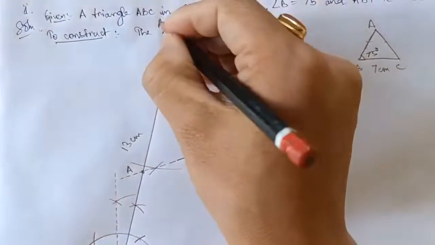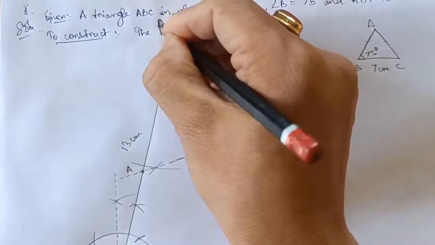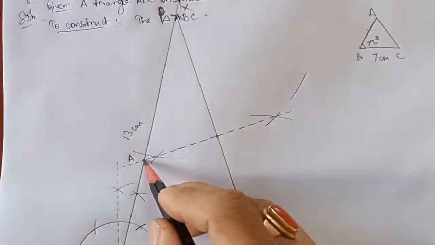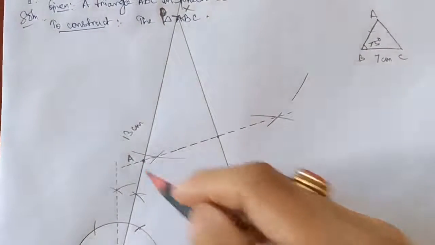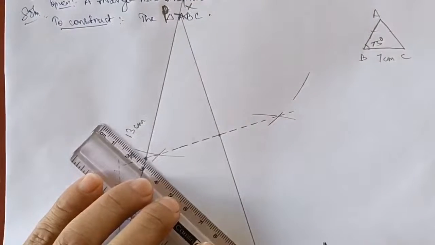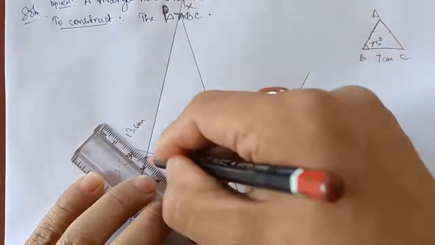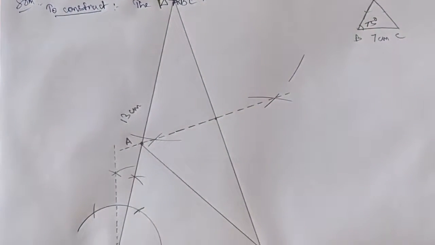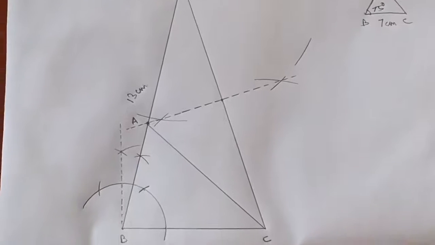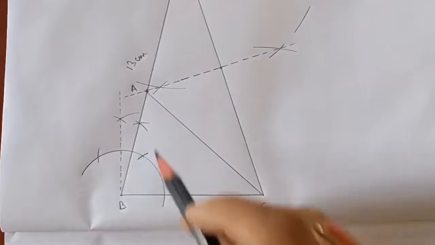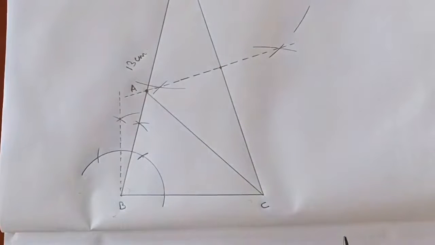Let me name this point as A. Now let us join this point with the point C. Now ABC will be our required triangle.